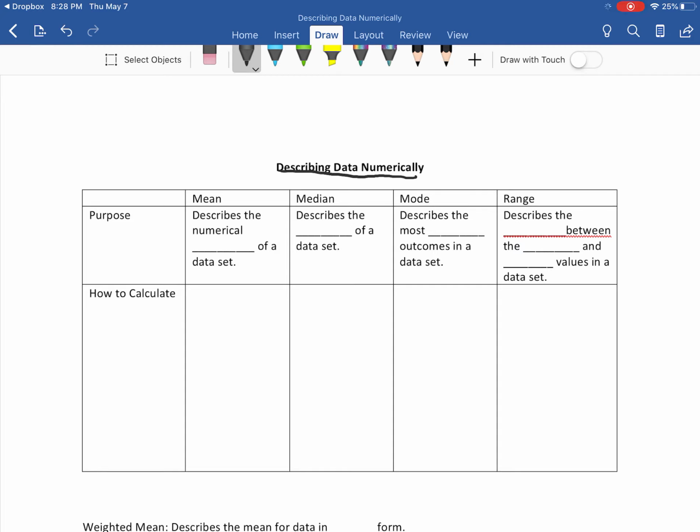And what we're going to look at today are called measures of central tendency. You've definitely seen these in earlier grades, so we're going to review and go further with them. Measures of central tendency describe the middle of a data set.